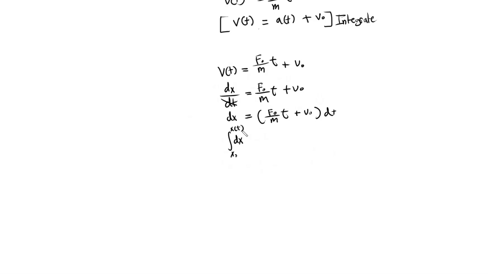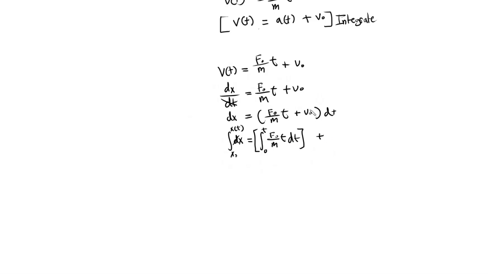And when you take the integral of a derivative, this will cancel out, and we're left with the integral from time 0 to time t of F over m, so the force divided by mass, times t, dt. And let's put this in a bracket.